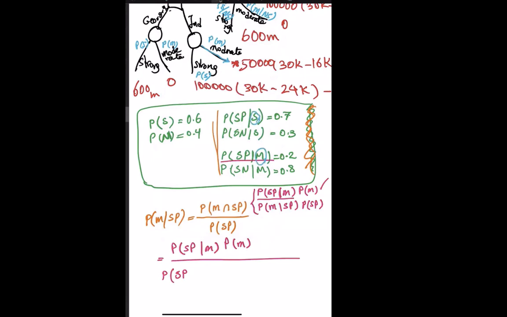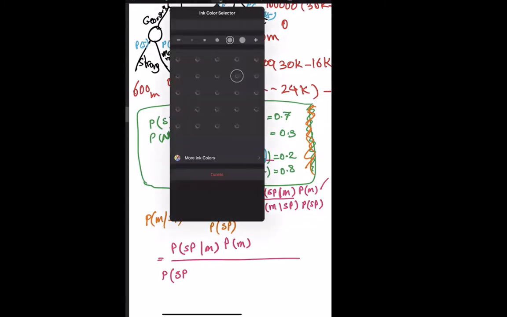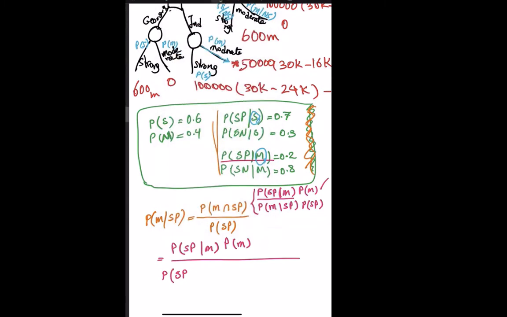So I said the probability that the survey says positive attitude, conditioned on the sale being strong, multiplied by the probability that the sale is strong, plus the probability that the survey says positive attitude, conditioned on the sale being moderate, multiplied by the probability of the sale being moderate.